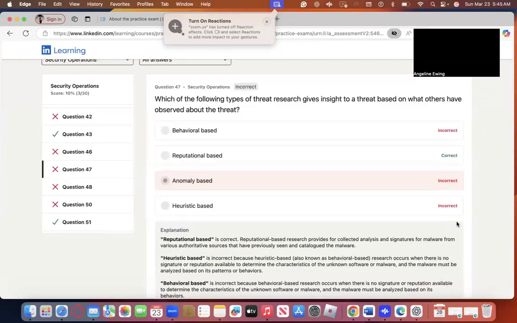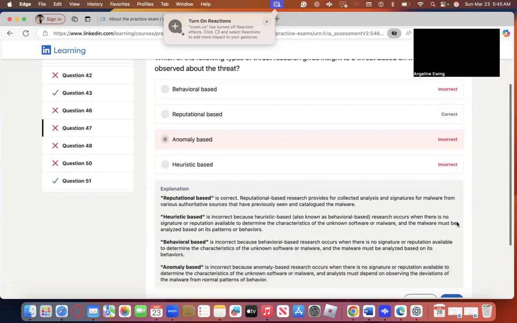That would be reputation based. Reputation based is correct because reputation-based research provides collected analysis and signatures for malware from various authoritative resources that have previously seen and cataloged a malware. The incorrect answers are heuristic based, behavioral based, and anomaly based.